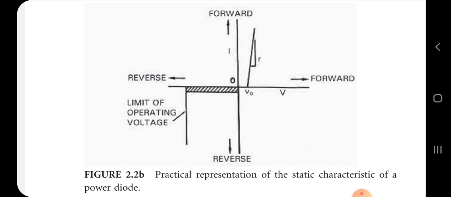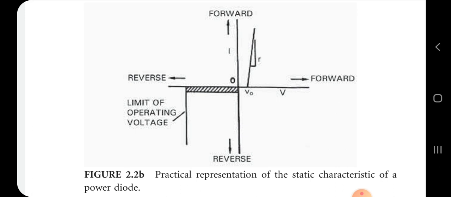So here the diagram shows the limit of the operating voltage in the third quadrant. You can observe that when you start giving reverse biased voltage, the limit of the operating voltage is restricted. When the minimum required reverse bias voltage is crossed, the increase in the current rapidly takes place.